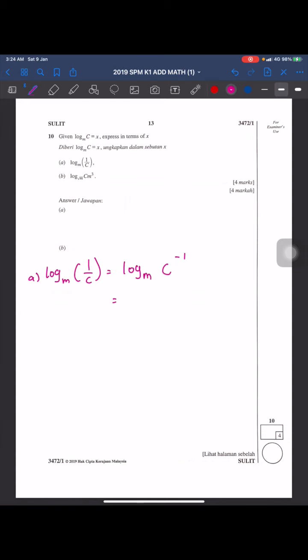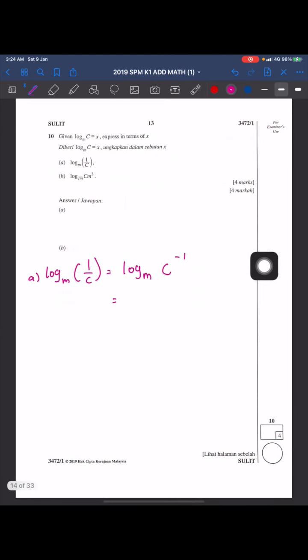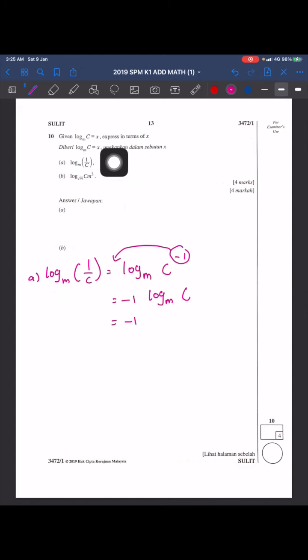Kita tahu dalam log, kuasa ni kita boleh pindahkan ke depan. Yang ni sebenarnya kita boleh pindah ke depan. So kita akan dapat negative 1 log m c. From the question, log m c ni adalah x. So substitute saja x. So jawapan kita akan dapat negative x. Itu sahaja. Okay, for part B.